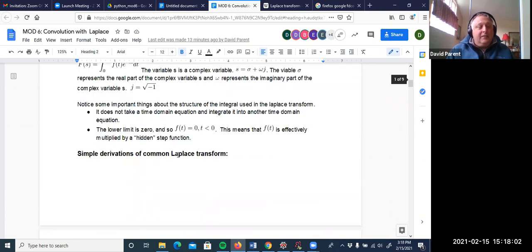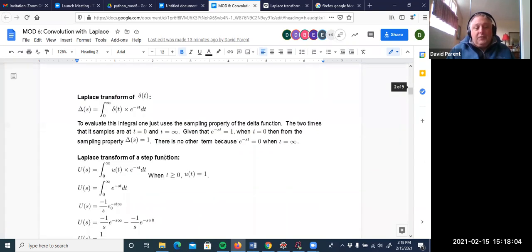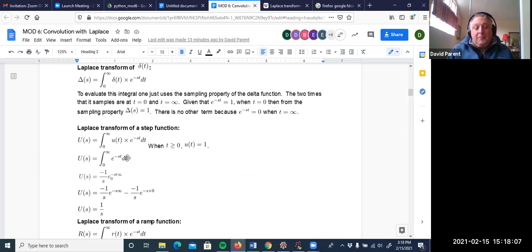But in this class, I'm just doing that to remind you where it comes from and to tell you that because that lower limit is 0, there is a step function built in, right?